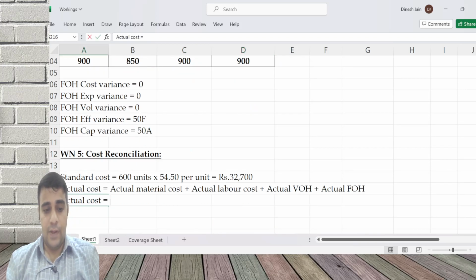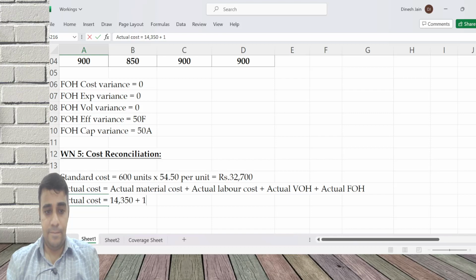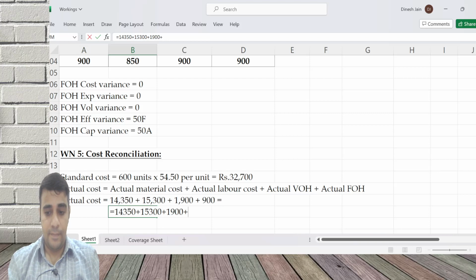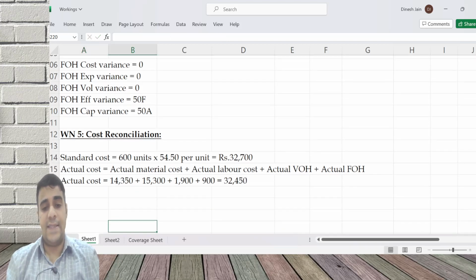So 14,350 plus 15,300 plus 1,900 plus 900 is 32,450. This is where we are trying to do a reconciliation.